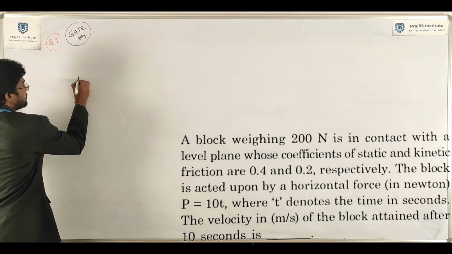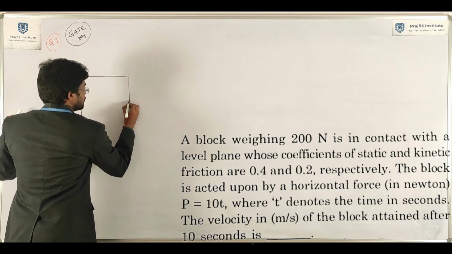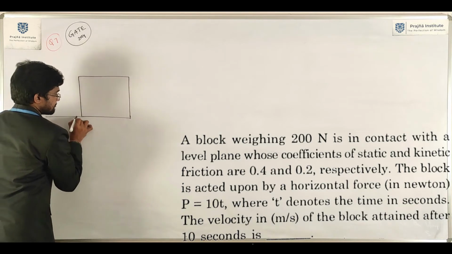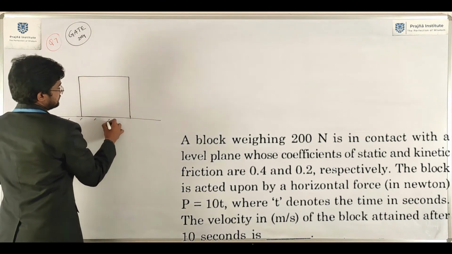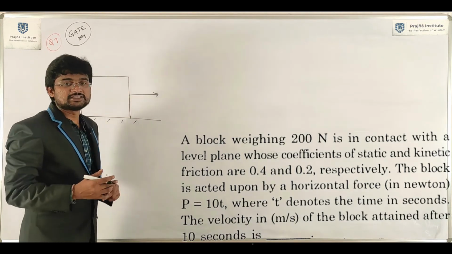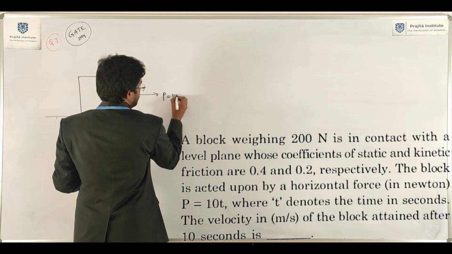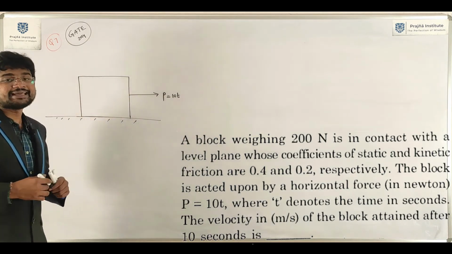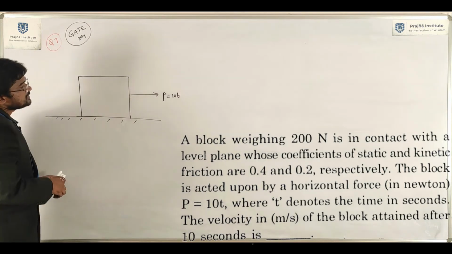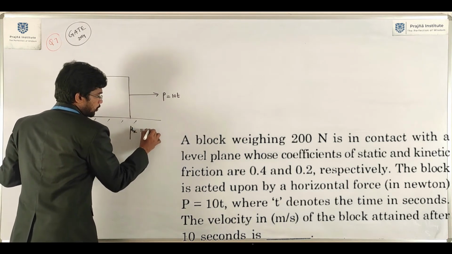It is very simple. It is the block. Figure is not given, just draw the figure. Here, the load is varying with respect to time. It is not a steady load. The application of the load is varying with respect to time, and here the kinetic friction coefficient is 0.2.